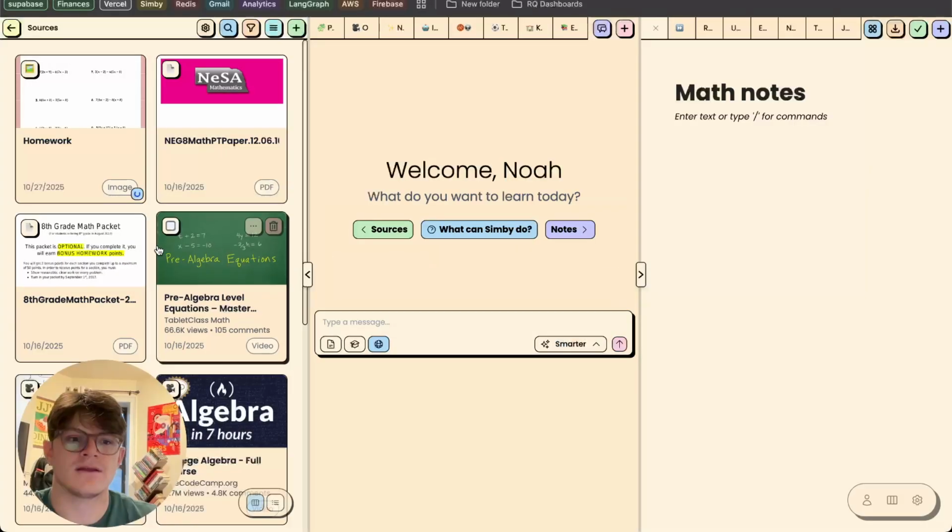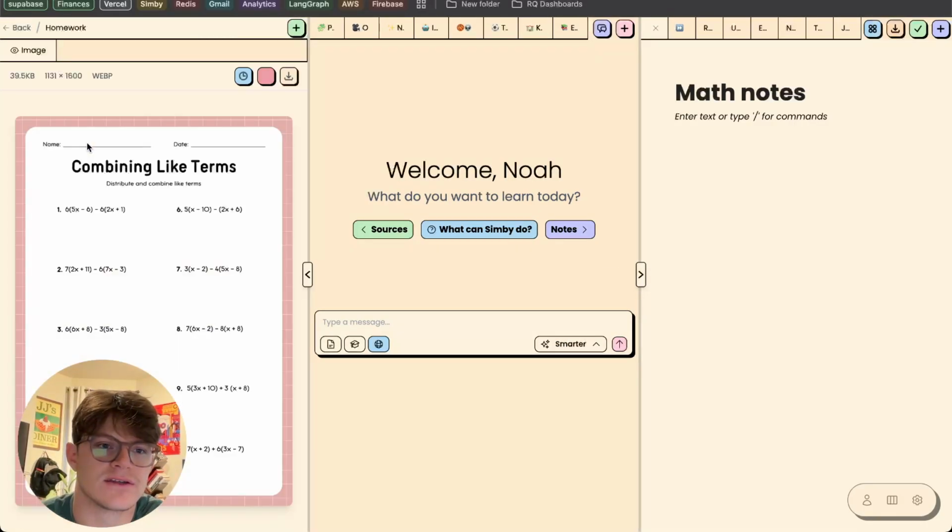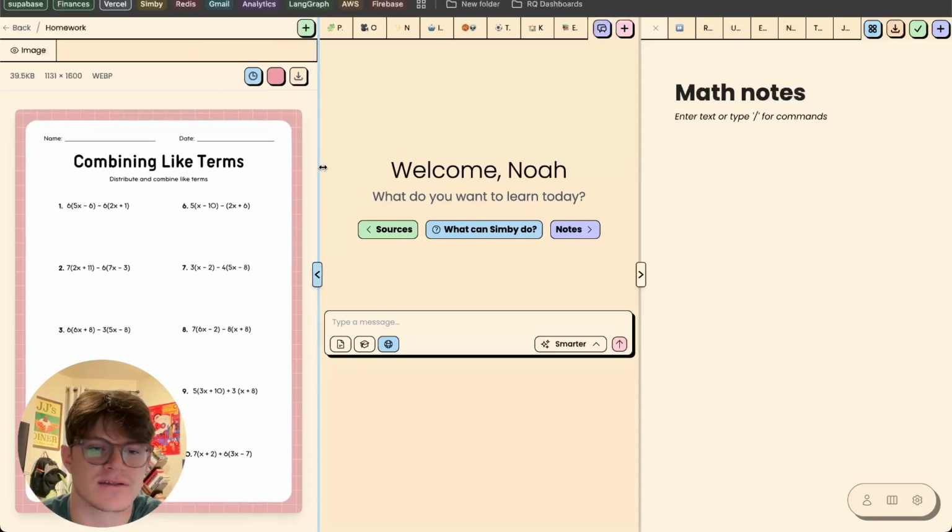Cool. One thing we can do now is click into this homework. Right now it's doing a little bit of processing. It'll finish in a second. And you can see that we have several practice problems on here.